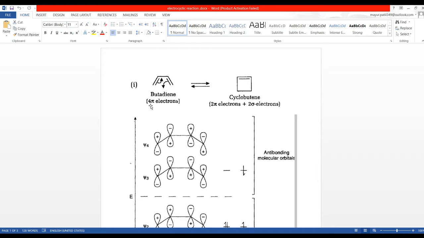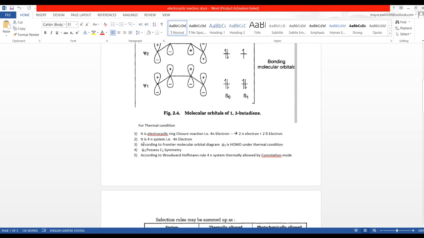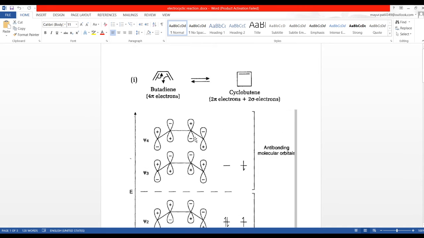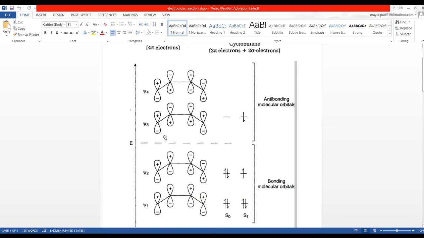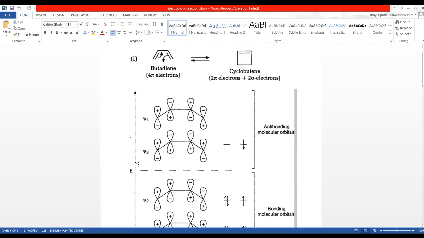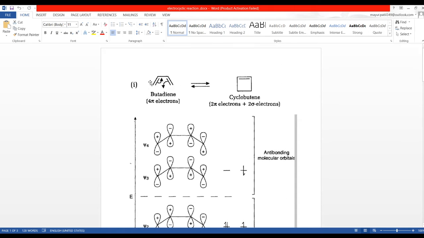In butadiene, the number of pi electrons is 4, therefore it is considered a 4n system, that is 4 pi electrons. Then according to the frontier molecular orbital diagram, first you construct the frontier molecular orbital diagram. It contains 4 p orbitals with lateral overlapping.